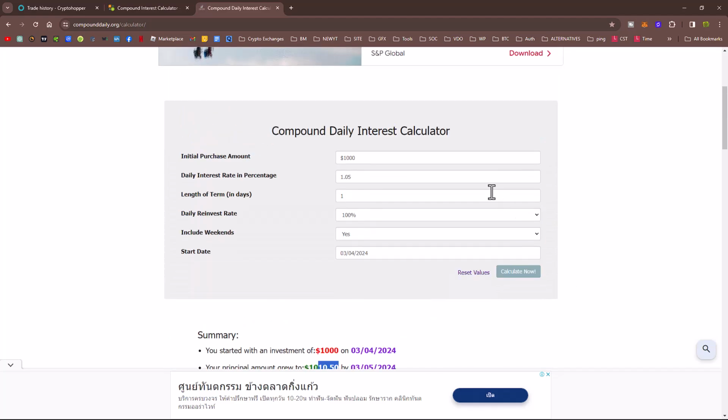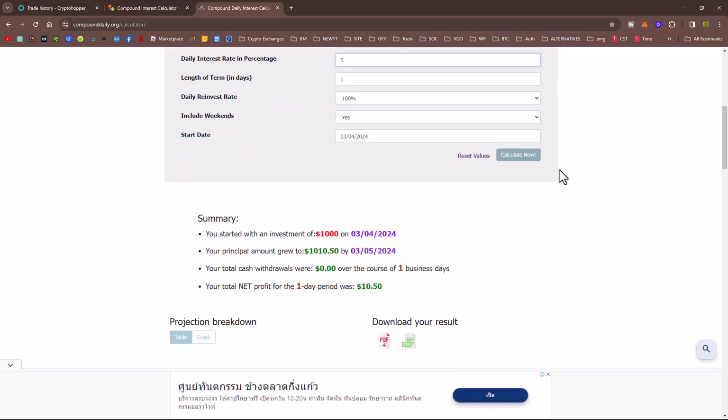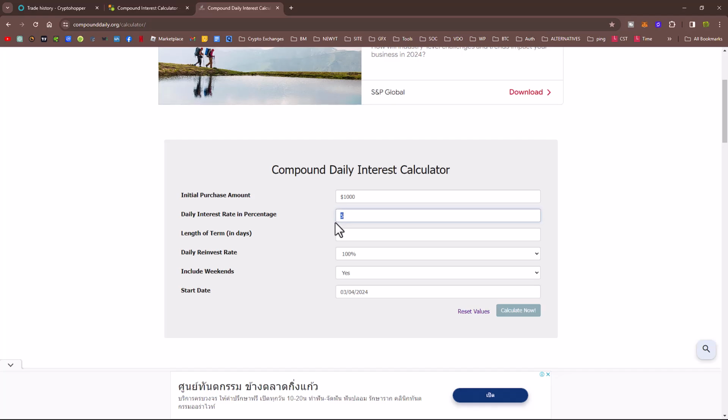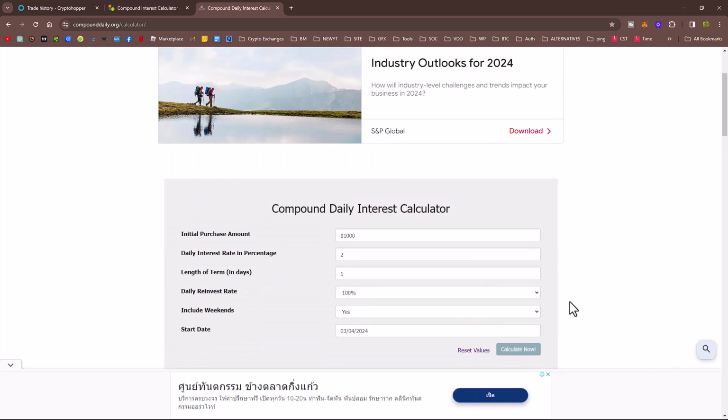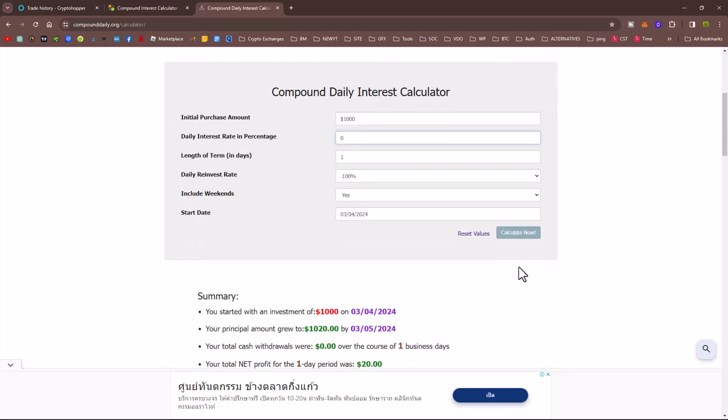And if I get 5% in 1 day, which sometimes happens, $50 on that day. If I get 2% another day, $20. If I get 0% on my 4th day, it's alright, it goes sideways, nothing's added on.